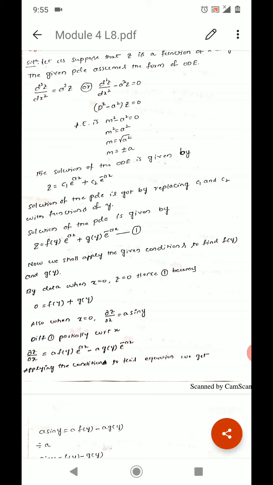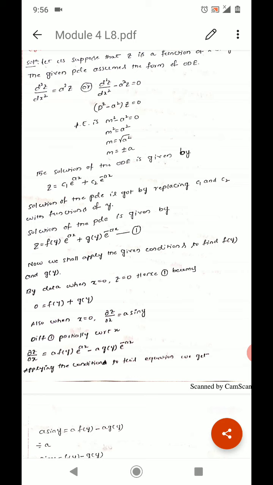Now to find out the values of f of y and g of y, we use the given conditions. So by data we have when x equal to 0, z equal to 0. So equation 1 becomes 0 is equal to f of y into e power 0 plus g of y into e power minus 0, that is f of y plus g of y equal to 0.